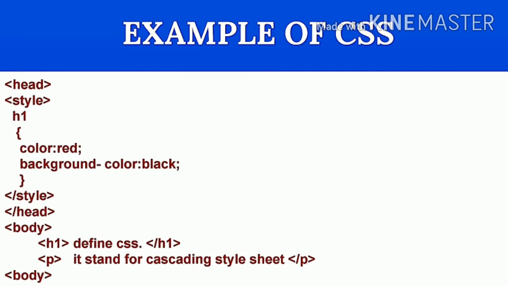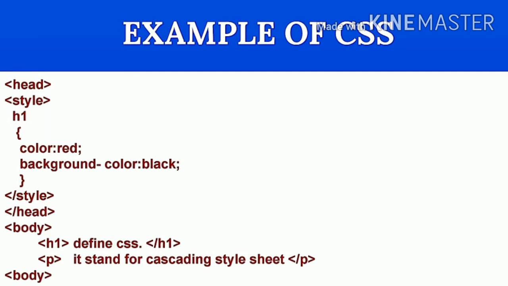In the style, I give the h1 selector. You can see that in the body tag the h1 tag has lesser and greater signs, but when I use it in the style, the lesser and greater signs are not needed.